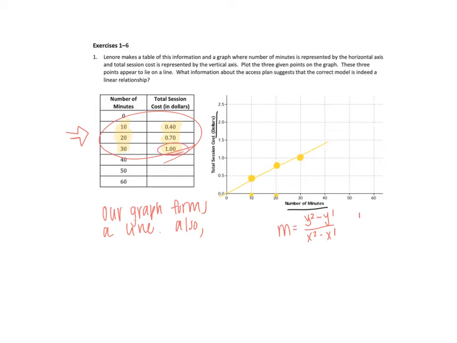So this is $1 minus 0.70, my y1, over x2 minus x1, 30 minus 20. Okay, what I get on top is 0.3 over 10. And if I do that math out, 0.3 divided by 10 is going to be 0.03.